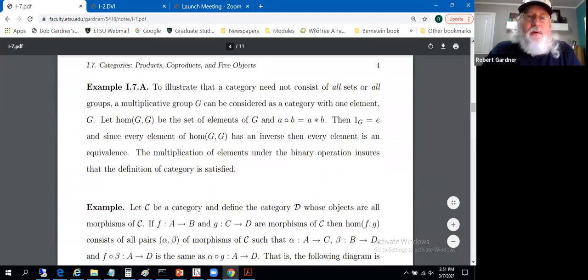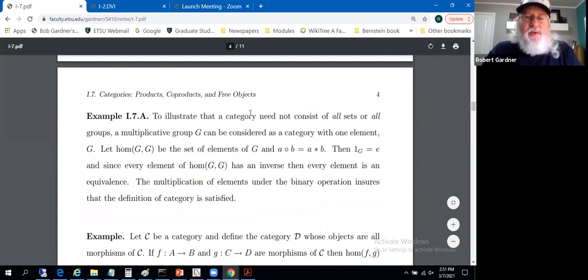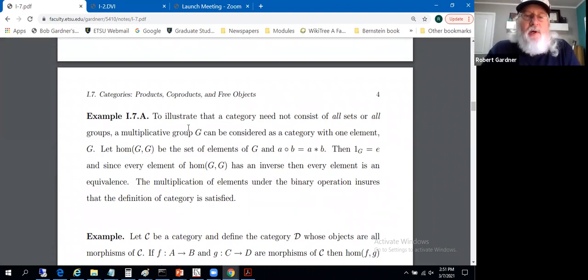We can come up with a somewhat different example based on a single group. To illustrate that a category need not consist of all sets or all groups, consider a group G, let's use multiplicative notation. A single group G can be considered as a category with one element.